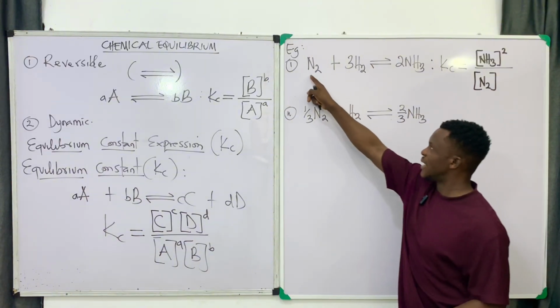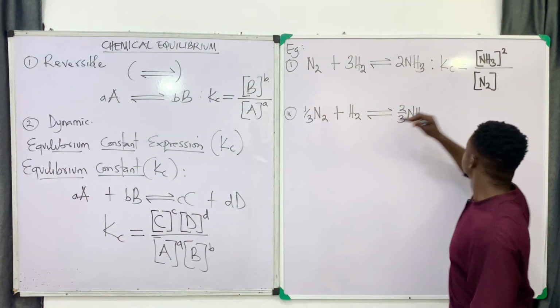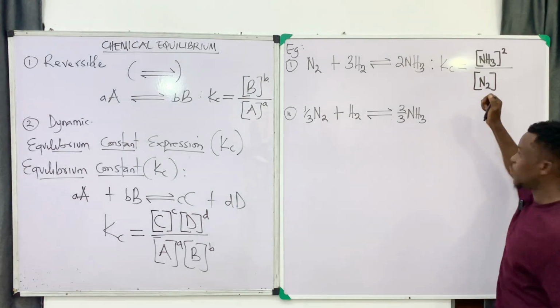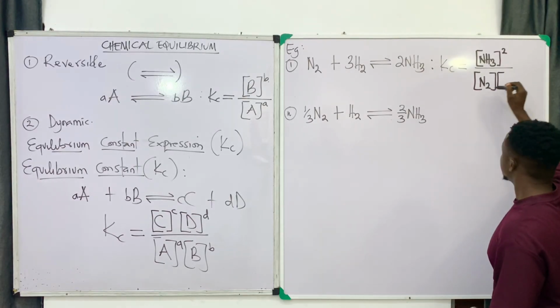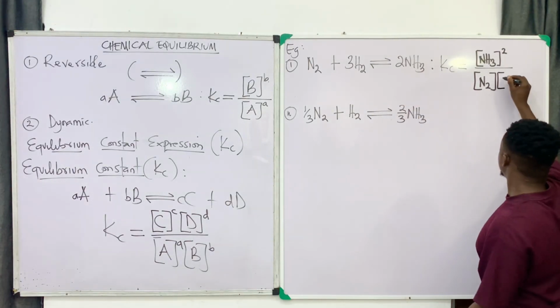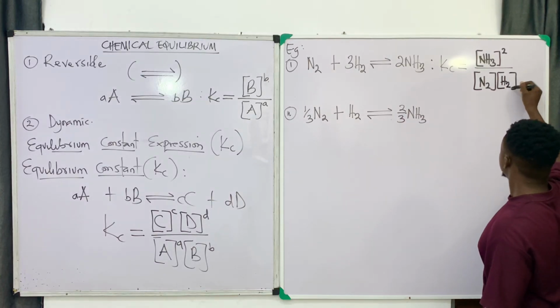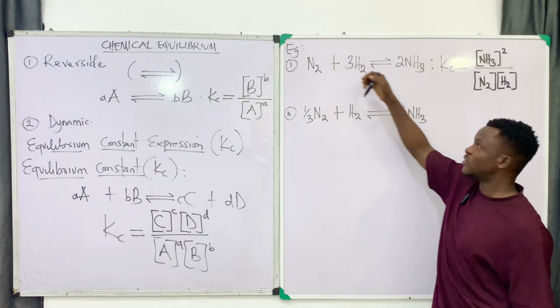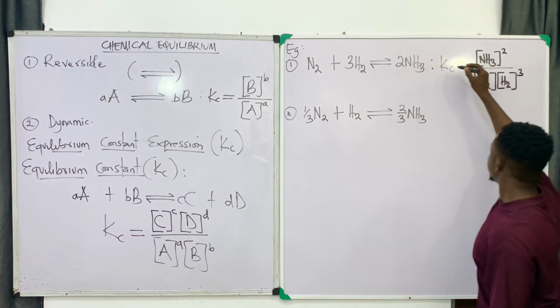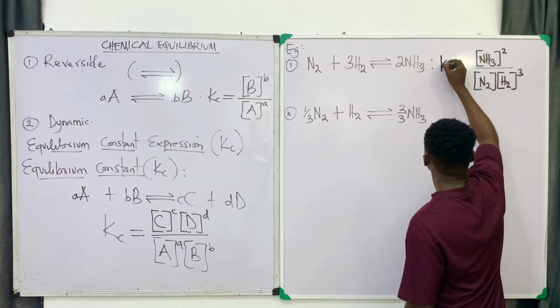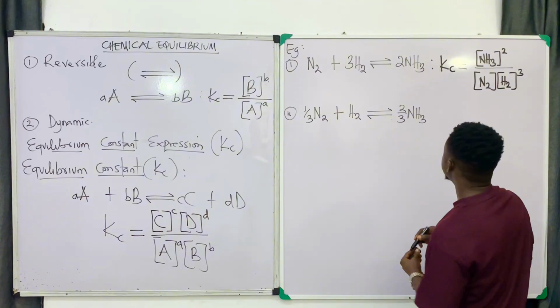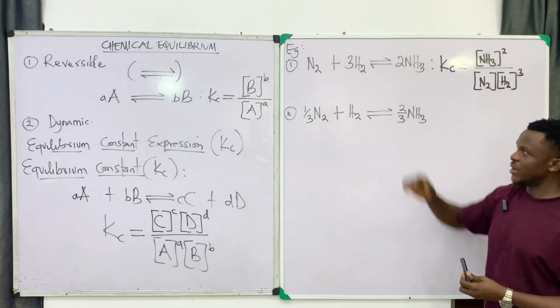What is the concentration of nitrogen? N2, 1, times, you are not going to write the 1. That of hydrogen is H2. What is the coefficient of hydrogen? 3. So that is the equilibrium constant expression for this reaction.